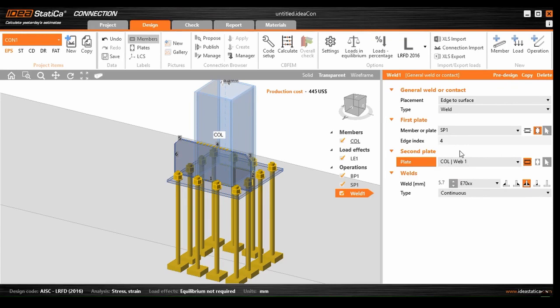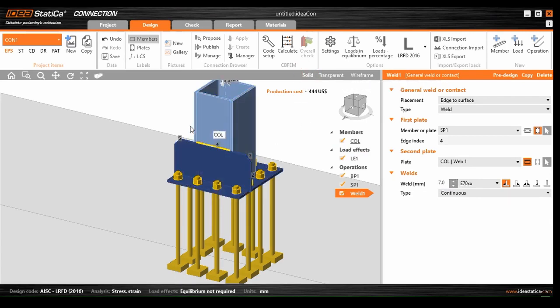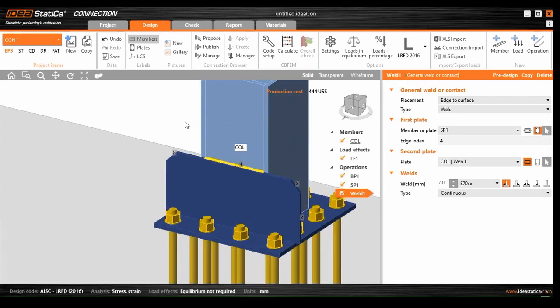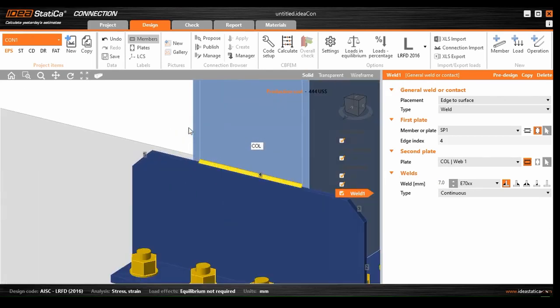And in welding section, choose fillet weld front side and give the thickness of 7 millimeter to it. So go to solid mode to see whether the weld line is located in the right position. As you see, it is a weld line as we intended it to be located.